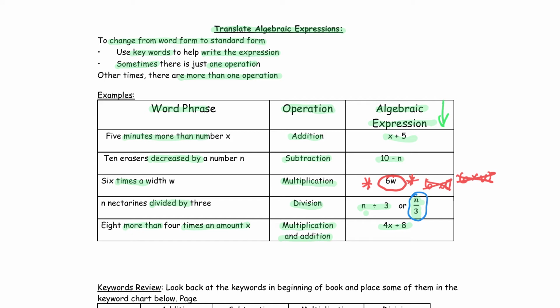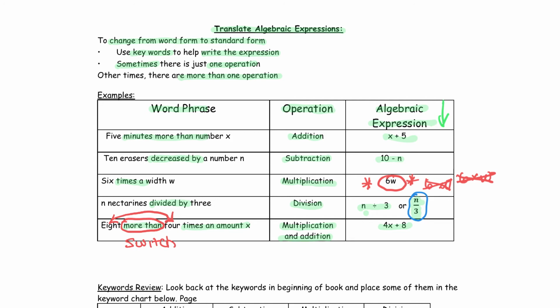All right. There's also a little trick in here. When you see the words more than, that's what we call a switch word. The words more than are a switch word. It means to switch the order of the number or variable after it, switch the order and turn it around.